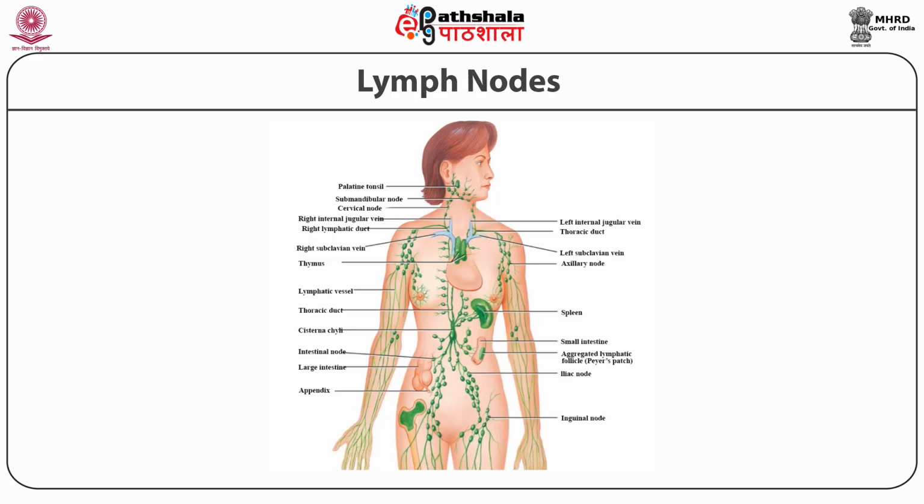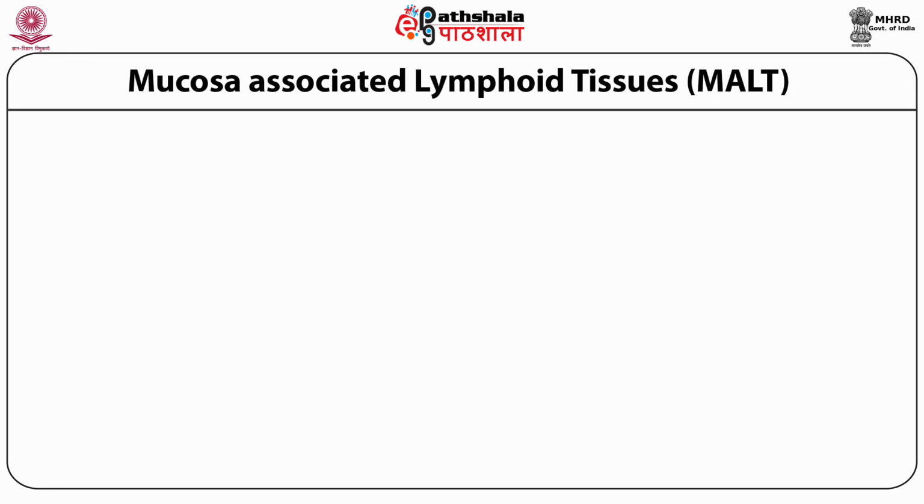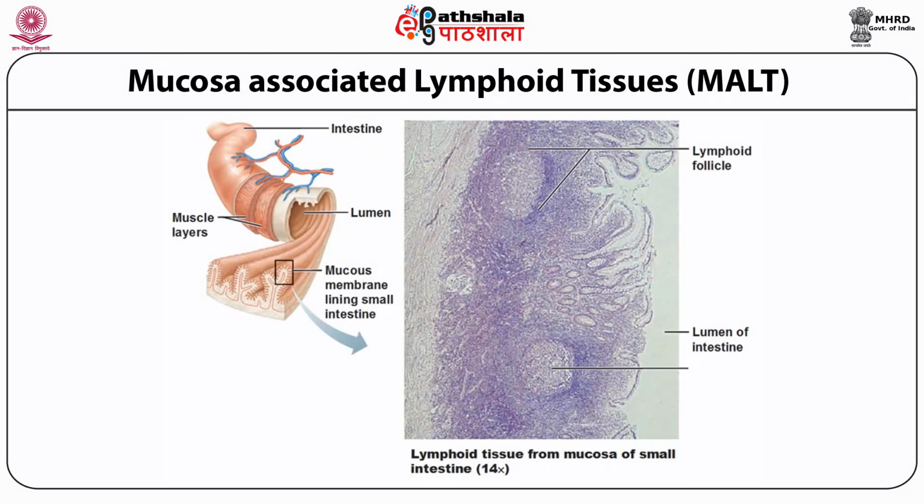antigens there. We also mentioned earlier mucosa associated lymphoid tissues, which is abbreviated as MALT. Here in this figure, lymphoid tissue from mucosa of small intestine is shown, magnified 14 times.